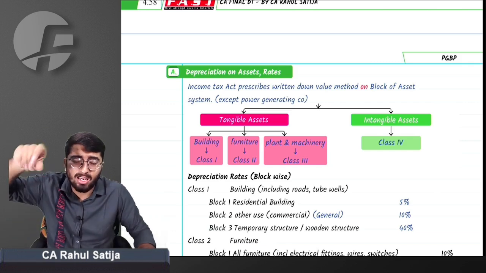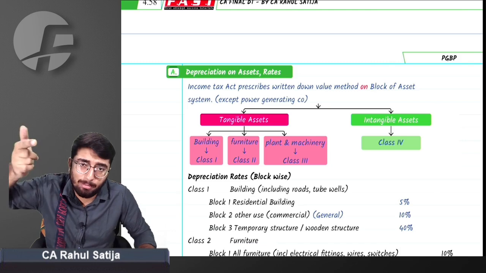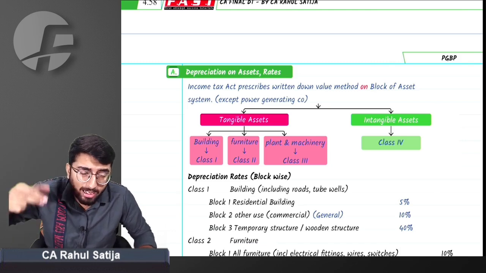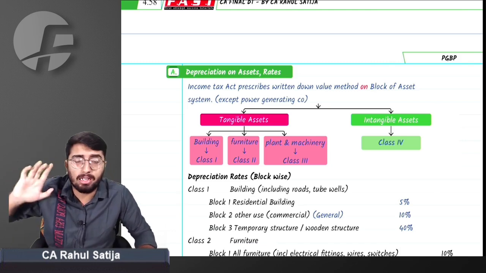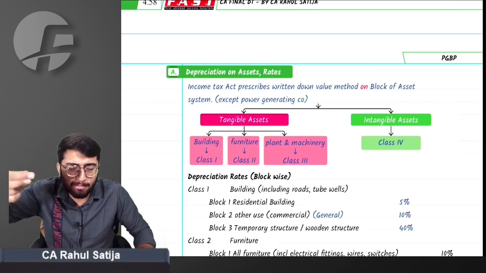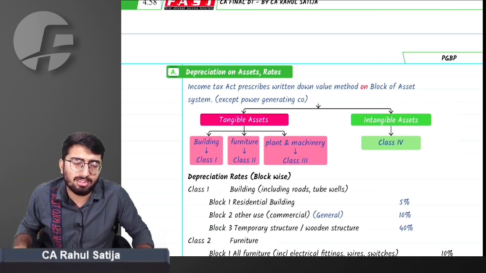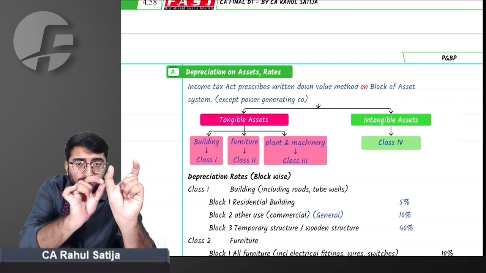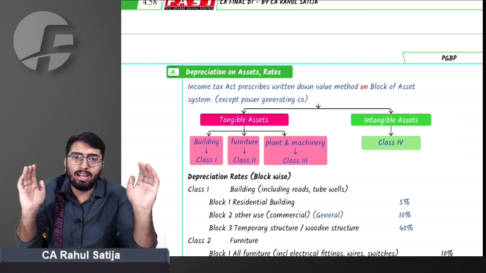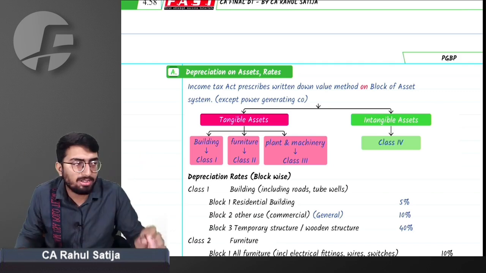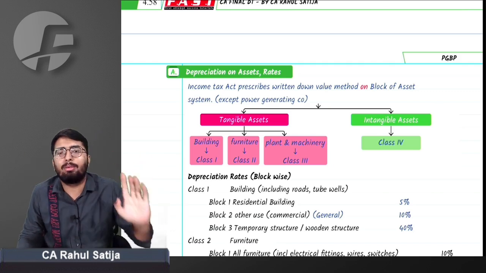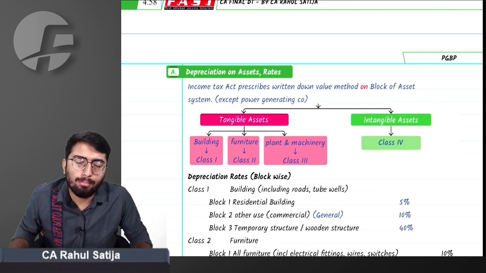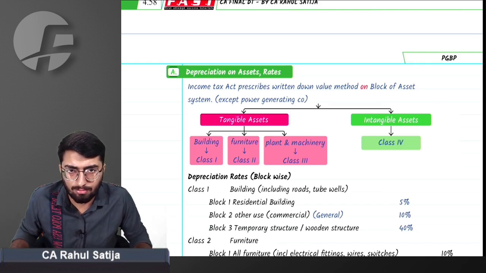Every building that has 5% depreciation will be a block. Every building that has 10% depreciation will be a block. Every plant and machinery chargeable at 15% rate will be a block. So a category of assets falling under the same rate will be a block, and all the assets in a block will be merged and depreciation on the whole block will be charged. This is the concept of the block of assets system.